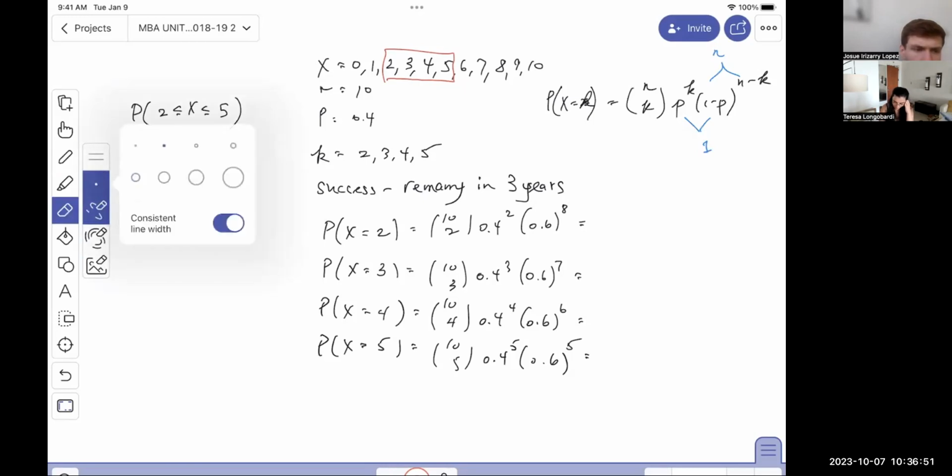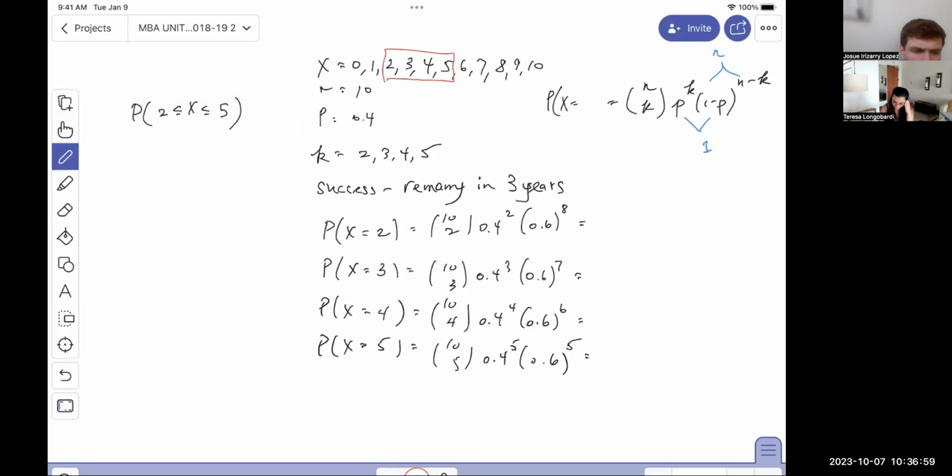Professor, I have a question. Sure. In that problem, I thought we could use the probability of x equals 5 minus the probability of x equals 2. Okay, so what does this mean is the issue, right? No, that's not it.